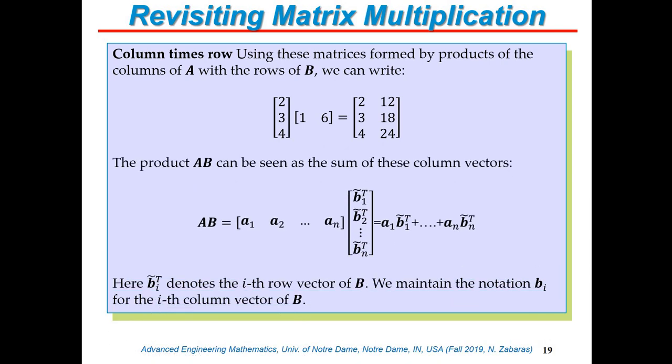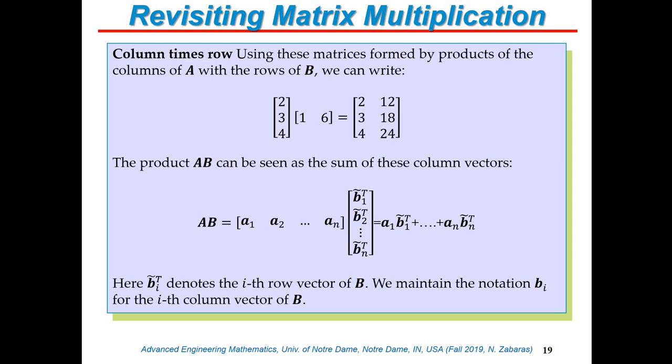Effectively, what we have done is write the matrix AB as the sum of n matrices, each of them involving a column of A times a corresponding row of the matrix B. And each of these matrices has rank 1. Both the row space and the column space of each of these matrices is just a line.